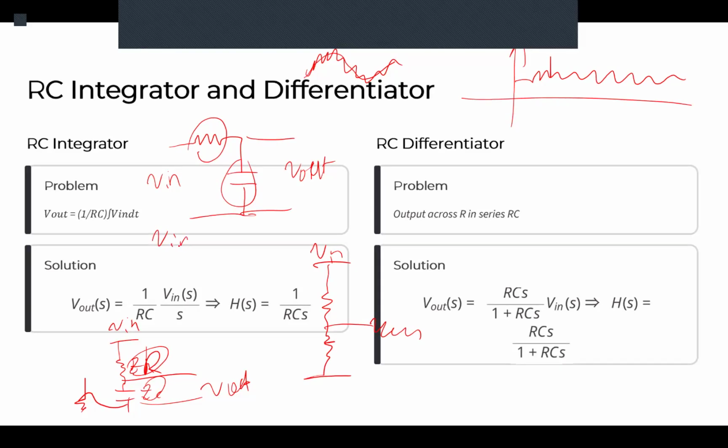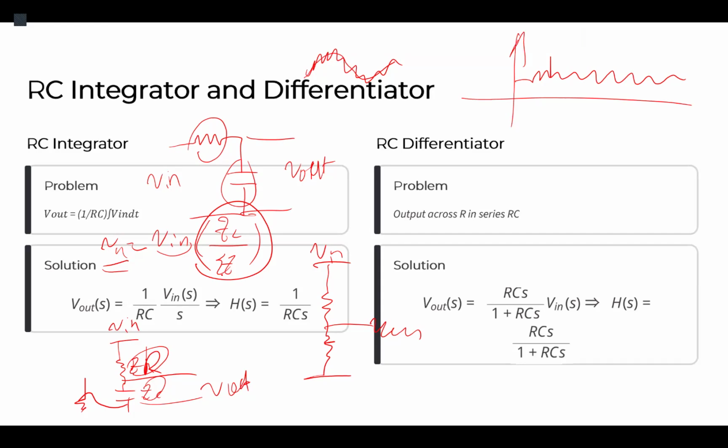It's V in times ZC over the summation of the Z's. This is going to be V out. So V out over V in is going to be the coefficient of the voltage divider. Now you replace the ZC and ZR with the impedances that we already know how to calculate in Laplace. Are we good?